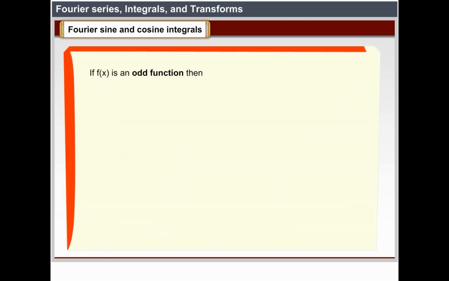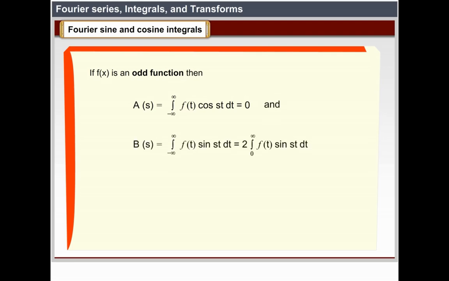If f(x) is an odd function, then A(s) equal to integral minus infinity to plus infinity f(t) cos st dt equal to 0, and B(s) equal to integral minus infinity to plus infinity f(t) sin st dt equal to 2 times integral 0 to infinity f(t) sin st dt.